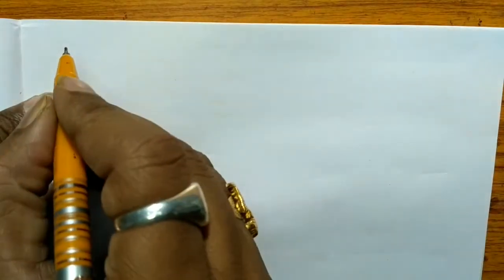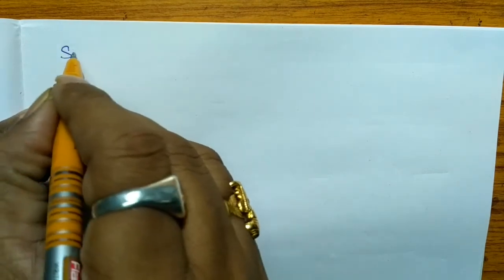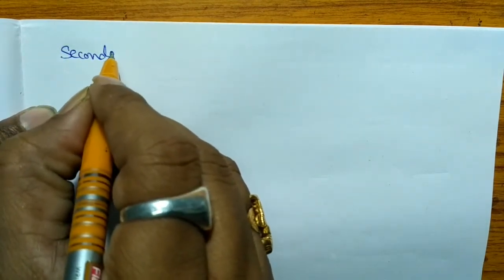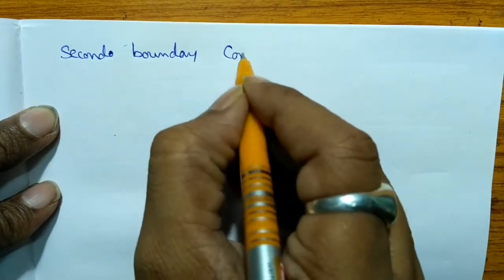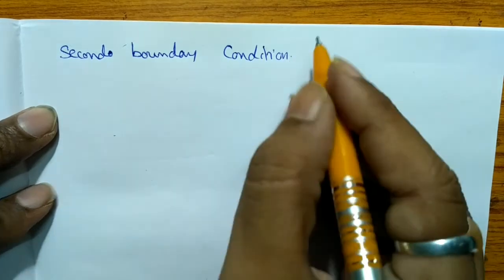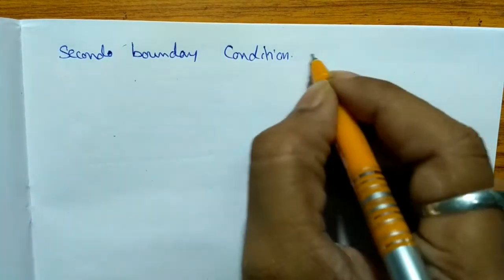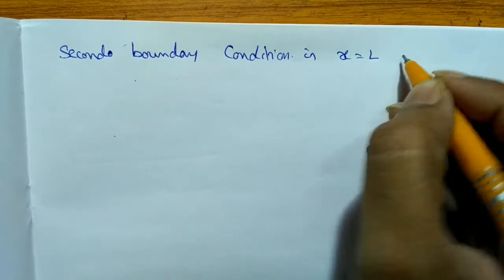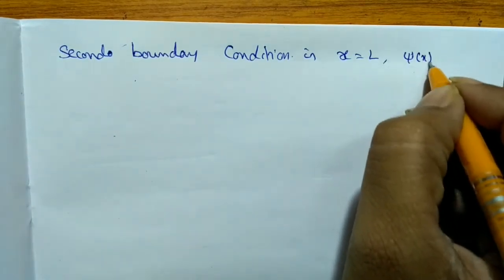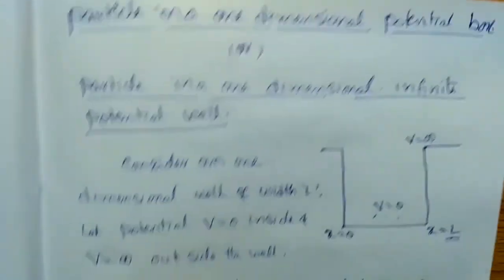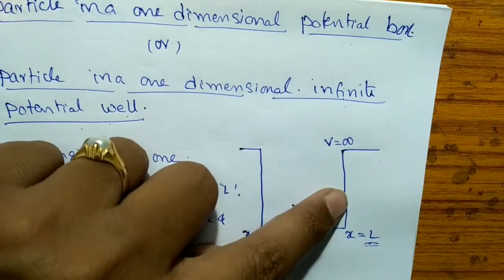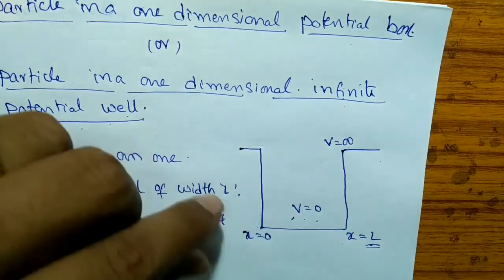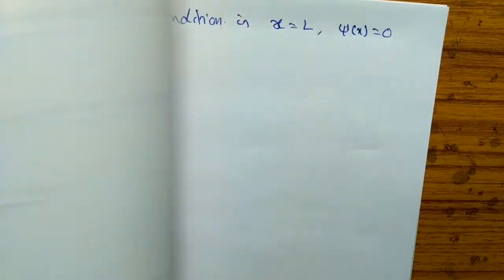The second boundary condition is x is equal to L at psi of x is equal to 0. This is the second boundary, this is the first boundary. At the second boundary, the wave function of the particle will be 0.